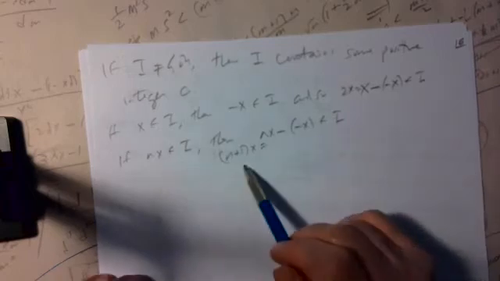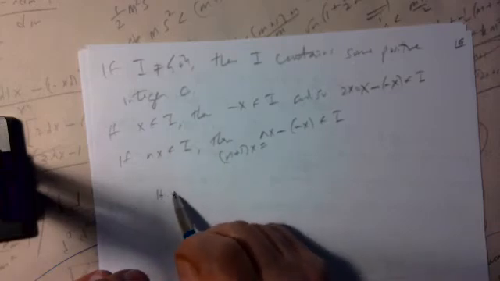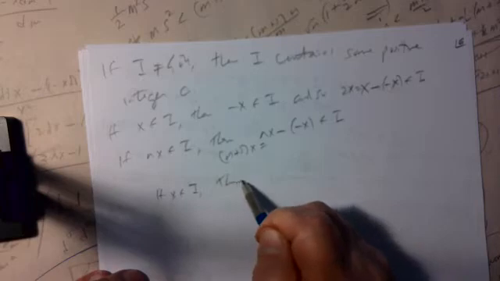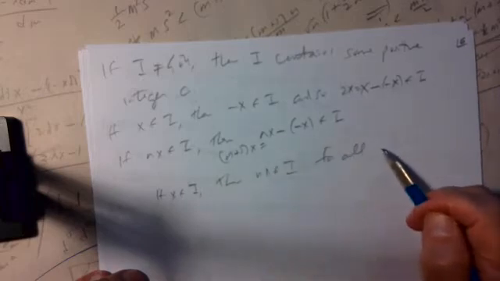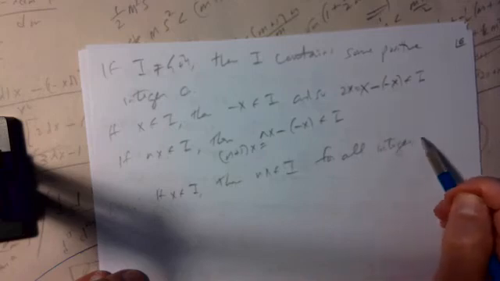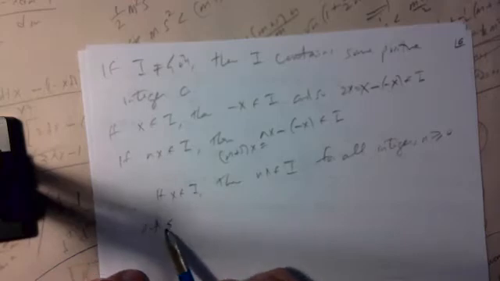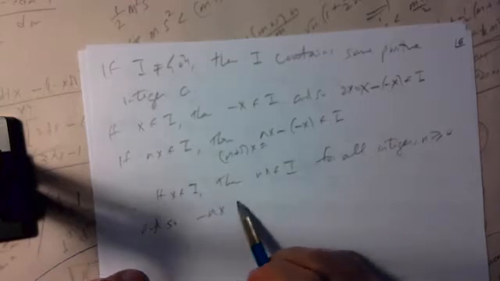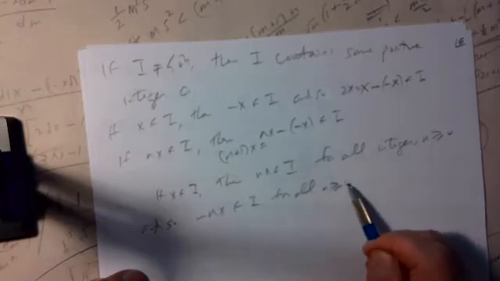So if nx is in I, n plus 1 times x is in I. So therefore, if x is in I, then nx is in I for all integers n greater than or equal to 0. And so minus nx is in I for all integers n greater than or equal to 0. In other words, if I contains any integer x, it contains all positive and negative multiples of x.